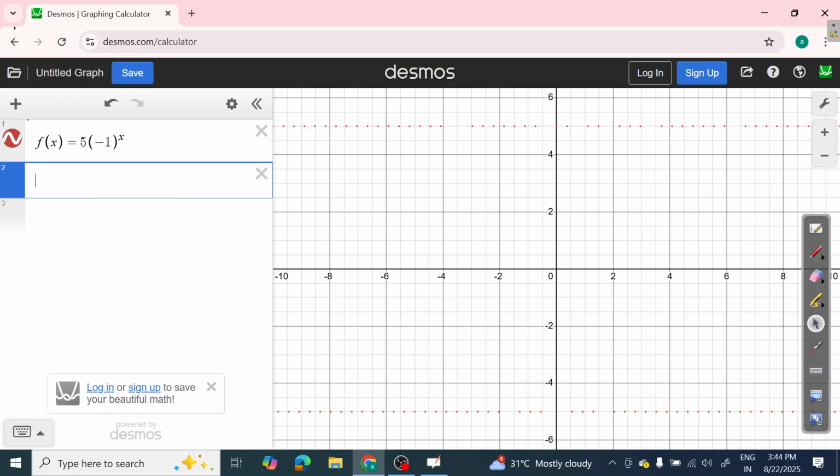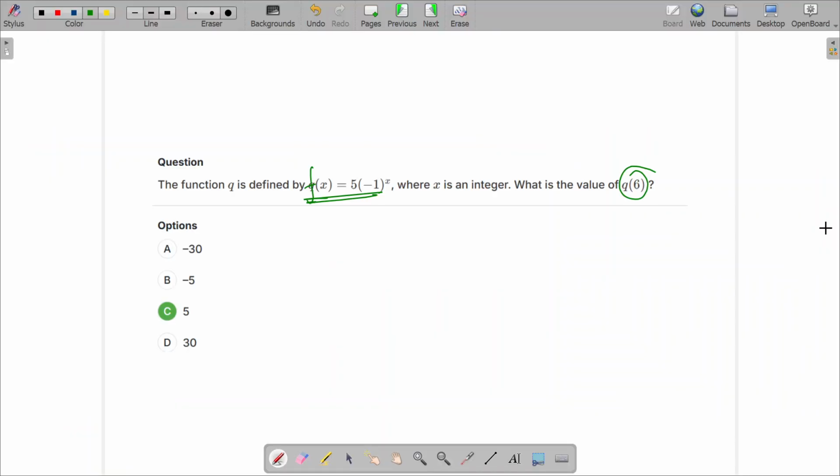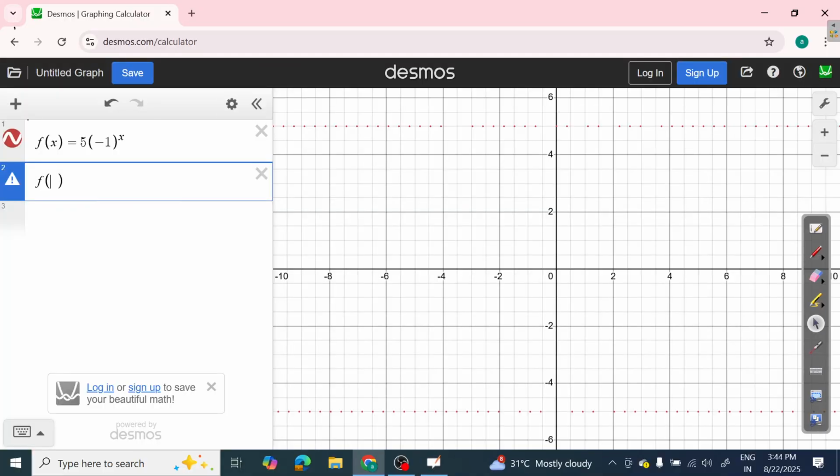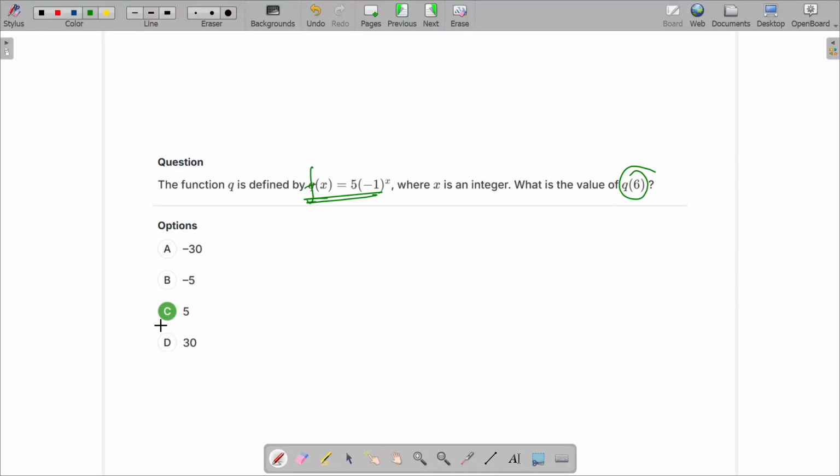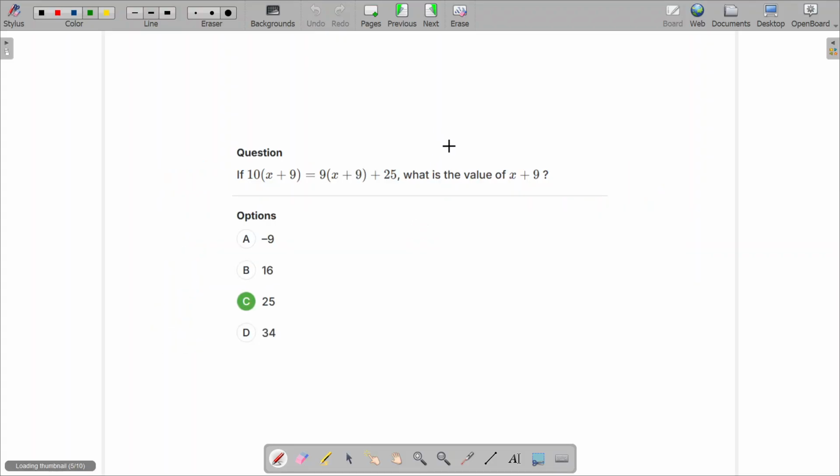Okay, I got this. Now I want to find f of, what was that? I guess it was 6, yeah. So f of 6. Once you write f of 6, you get the value. It is 5, so directly you can click on option C. Easy, right? Great. Next question.